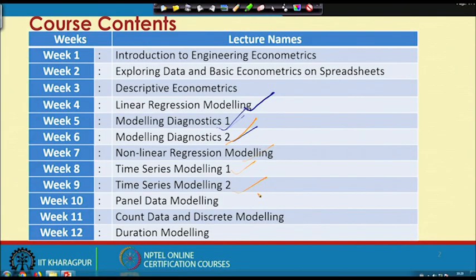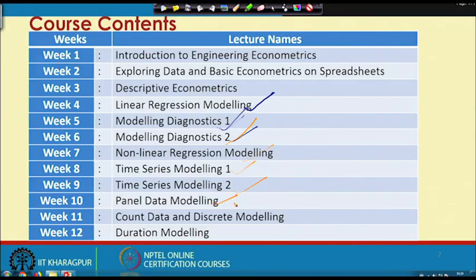And then we will move to unit 10, where we will discuss panel data modeling. In panel data modeling, we have different types of models depending upon the particular engineering problem's requirements, where we will discuss types of model like fixed effect models, random effect models, and generalized method of moments and so on.